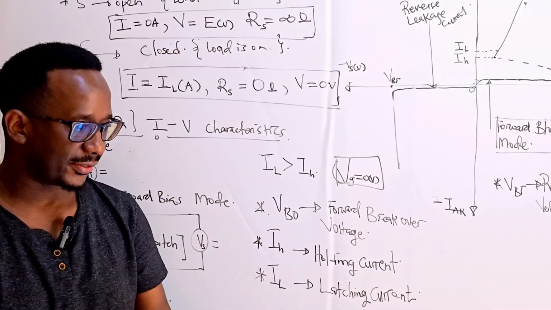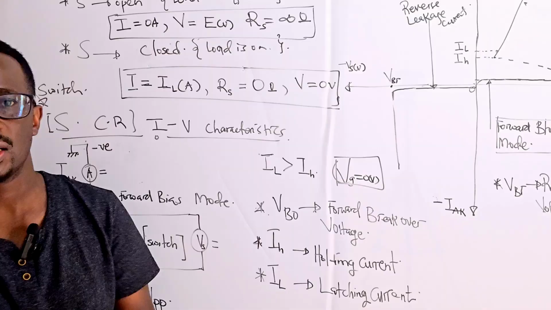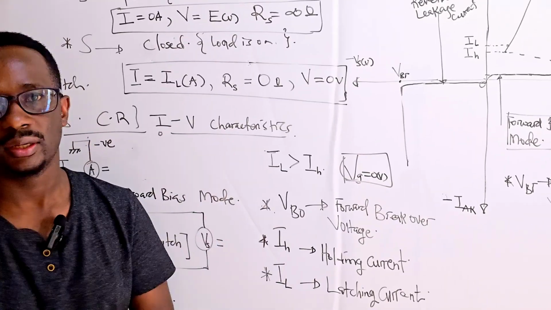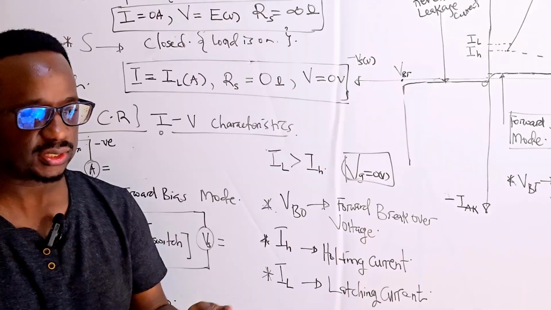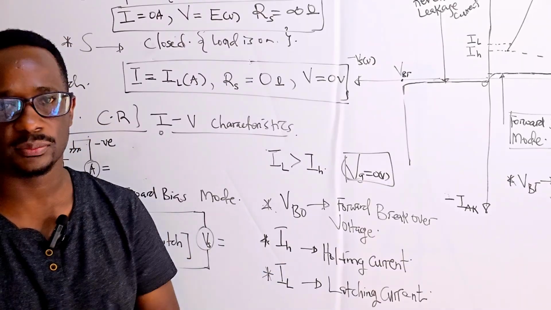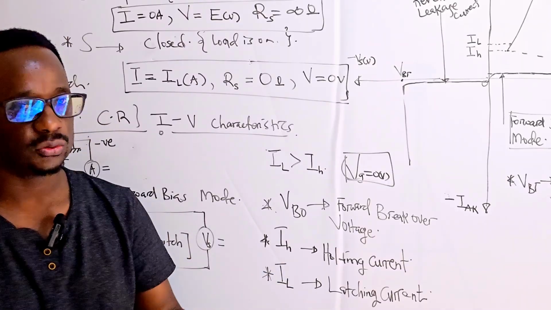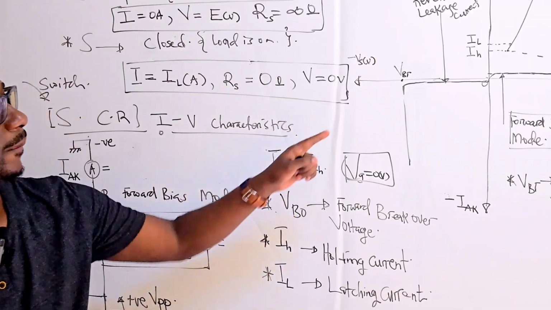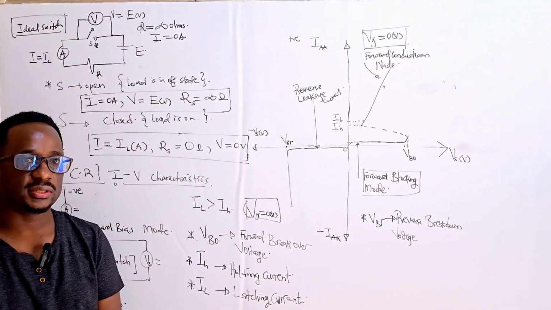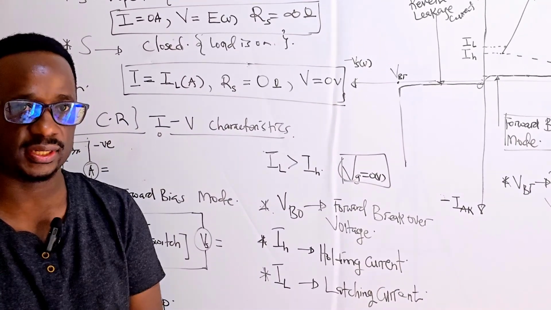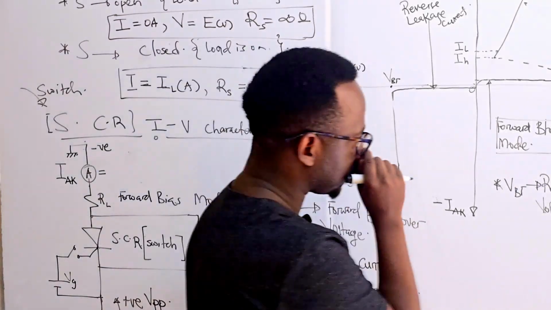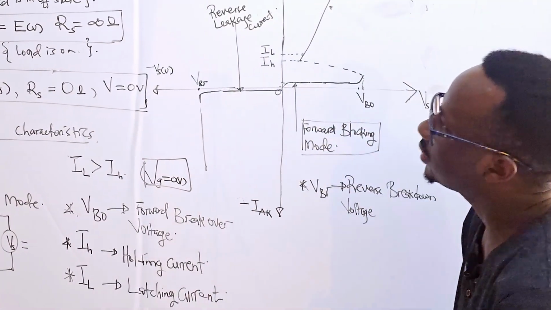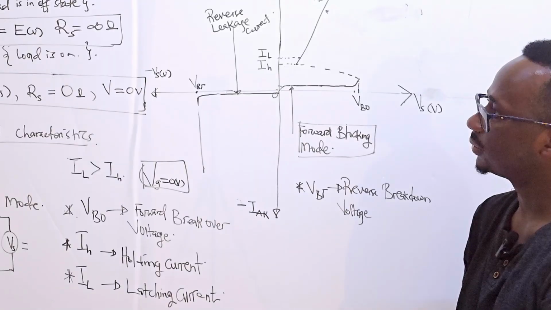Is the load current greater than the maximum current IAK the thyristor or SCR can handle, or is it within a range that is suitable for the device? So the IV characteristics of that thyristor can give you that information. So that's it for the IV characteristics.